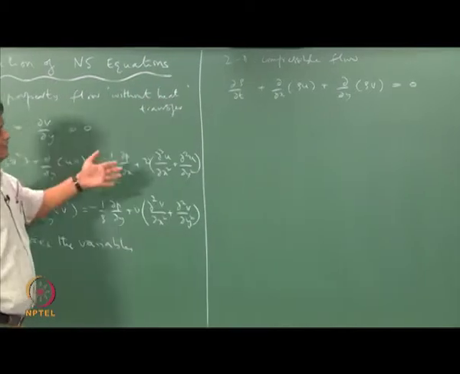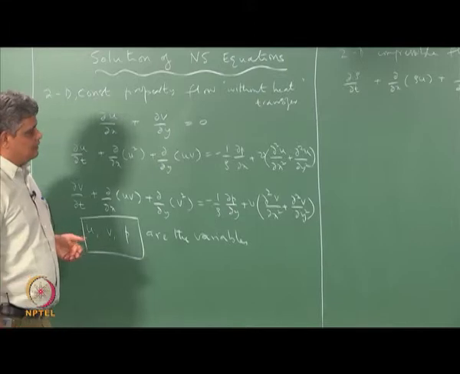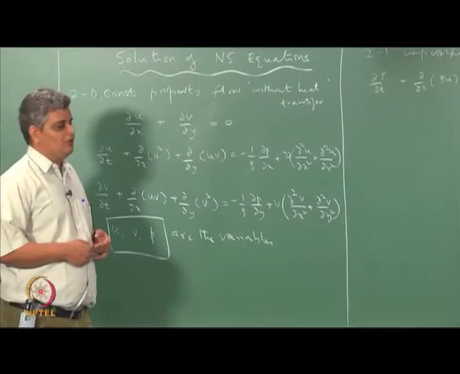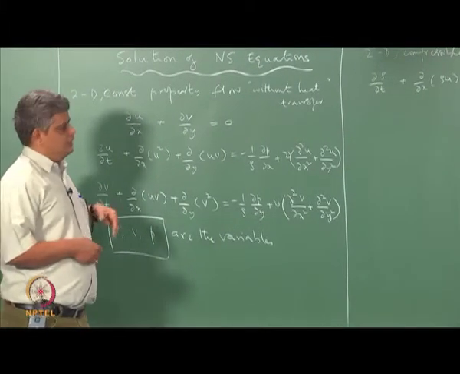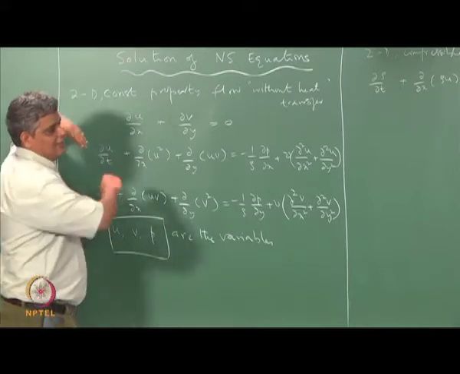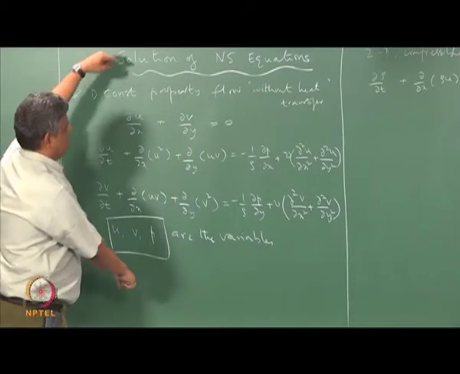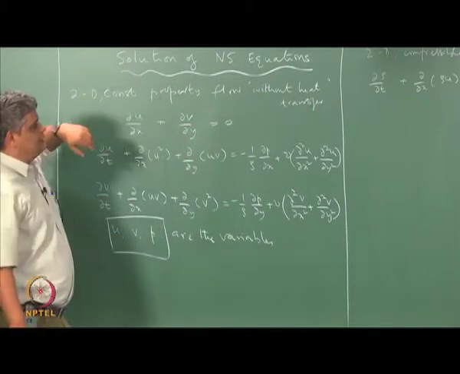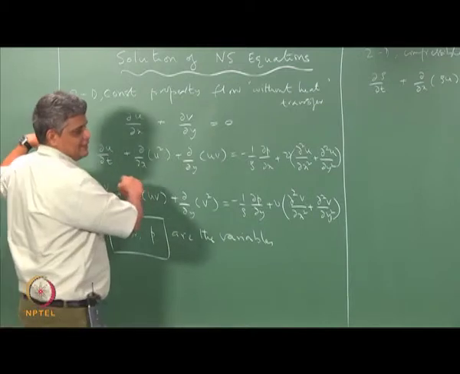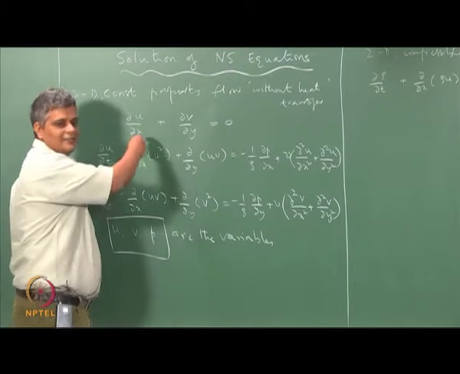In such a case you say it is a 2D flow. For example, if you have flow between 2 parallel plates like this, and the width of the plate is very long compared to the gap between the plates, then you can say that in the direction of the width there is not much change and the flow is going only in this direction.